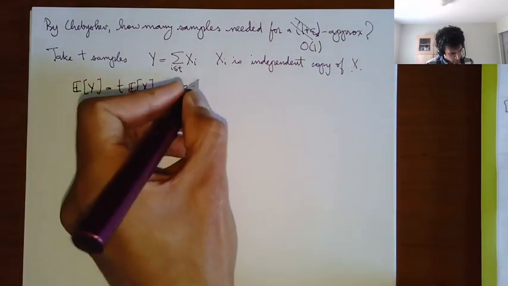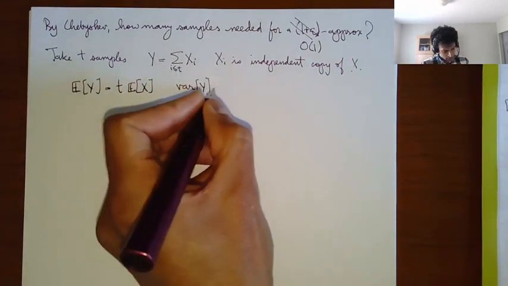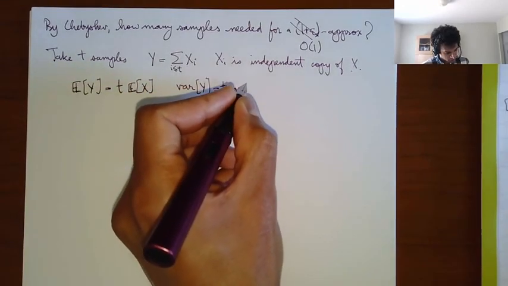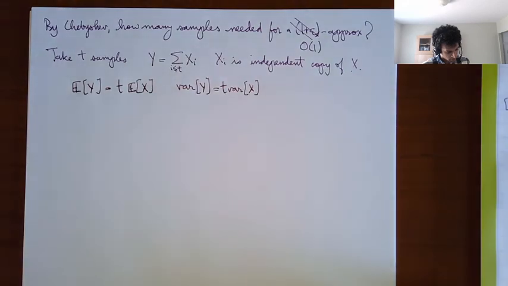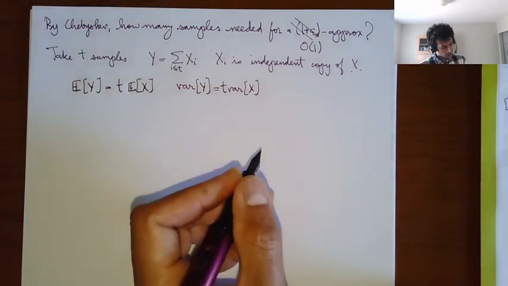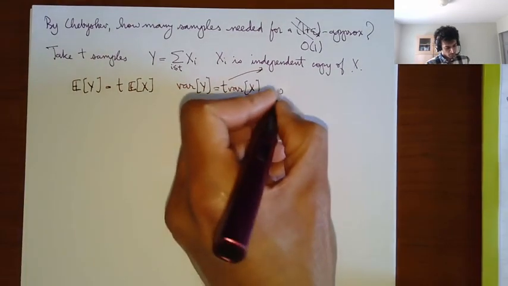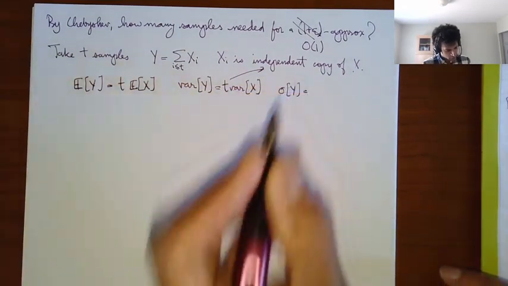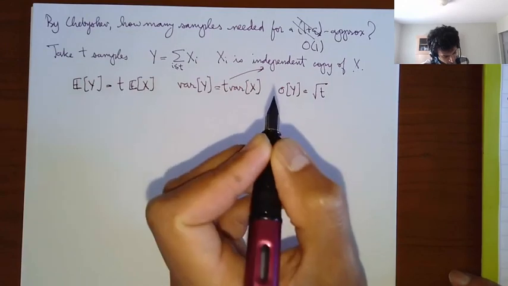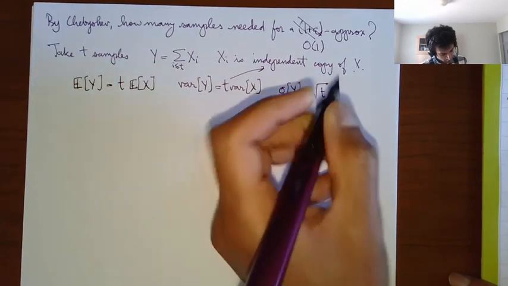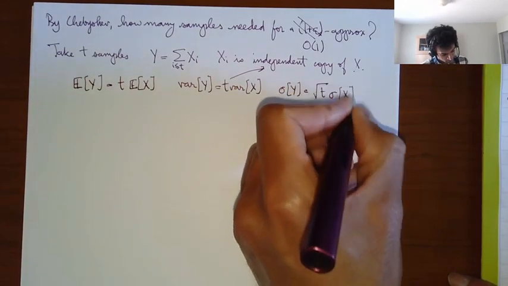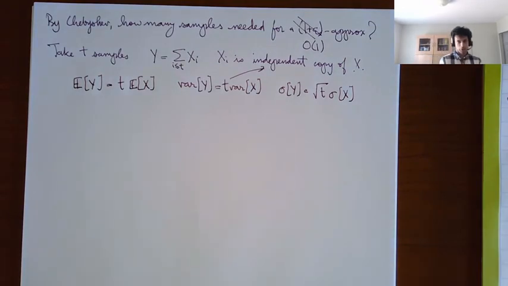The variance of Y is equal to T times the variance of X, and that is because of independence. So the standard deviation is square root T times the standard deviation of X. I'm just walking through the Chebyshev calculation again.